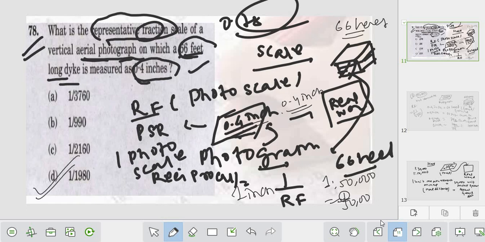So RF is nothing but the scale. It is same as the scale, but terminology is used for the photograph है ना. जैसे मान लो वहां पे स्केल यूज हो रहा था फॉर द इमेज और जियोलॉजिकल मैप और टोपो मैप, ठीक है. एंड RF एंड PSR is the photo scale reciprocal. So it is the PSR.